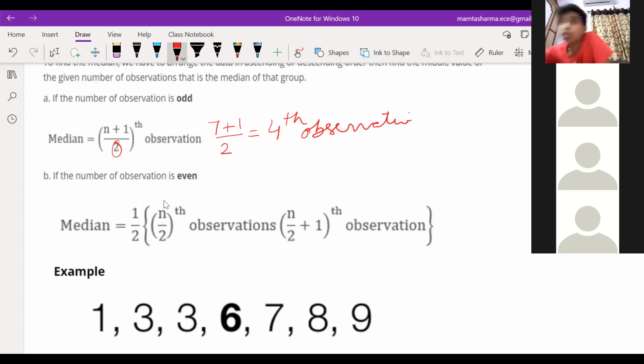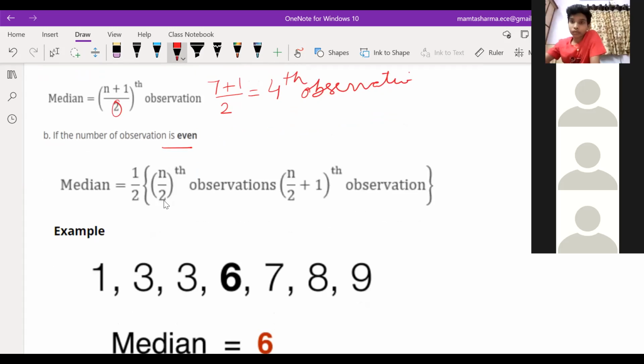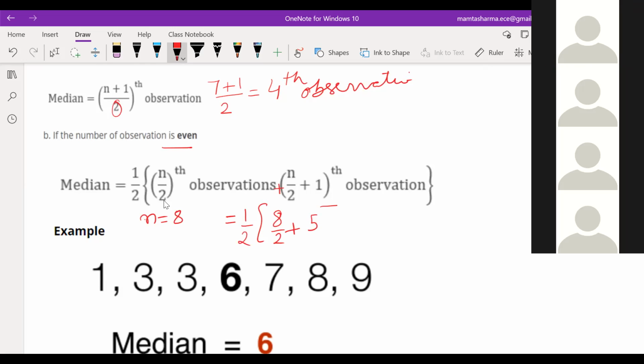And when the number of observations is even, then use this formula. There is a plus over here. If I take an example in which I am having 8 observations, n equal to 8, then the median would be the observation corresponding to 8 by 2, which is 4, and 8 by 2 plus 1, which is 5.